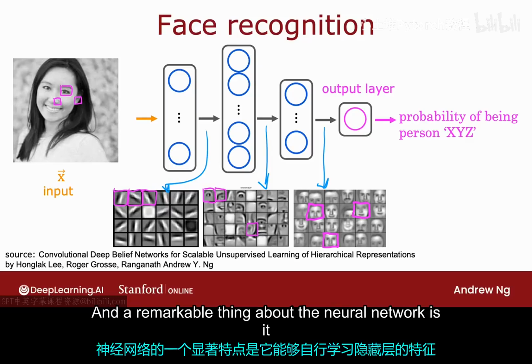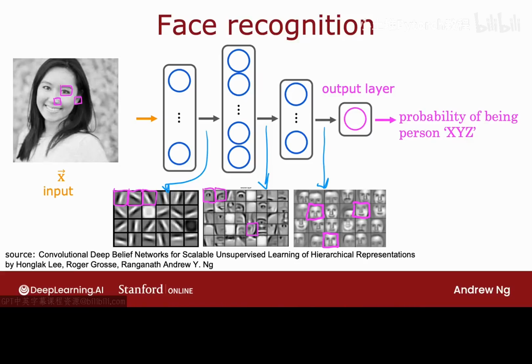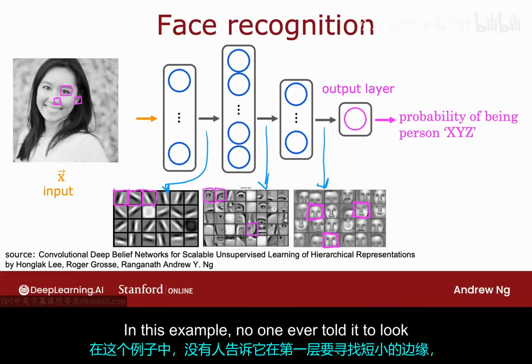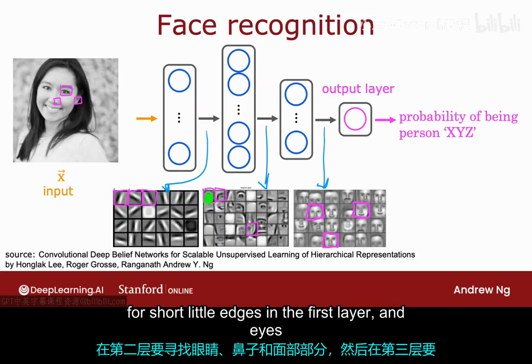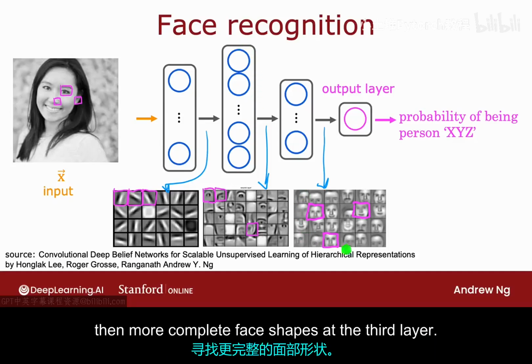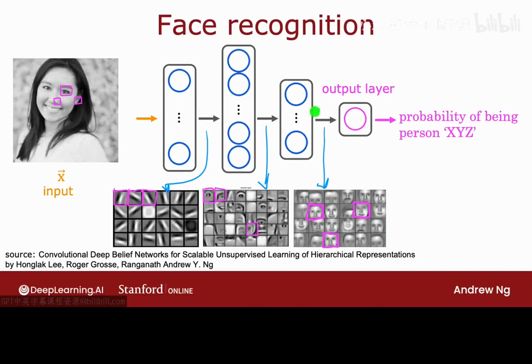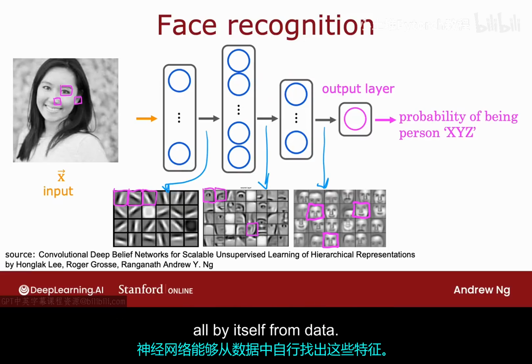A remarkable thing about the neural network is it can learn these feature detectors at the different hidden layers all by itself. In this example, no one ever told it to look for short little edges in the first layer, and eyes and noses and face parts in the second layer, and then more complete face shapes at the third hidden layer. A neural network is able to figure out these things all by itself from data.